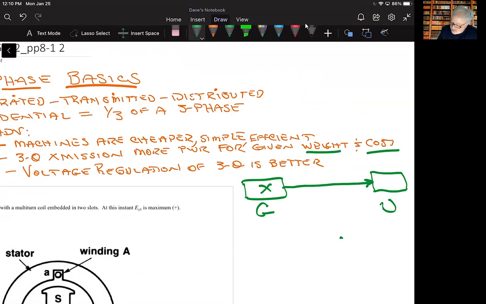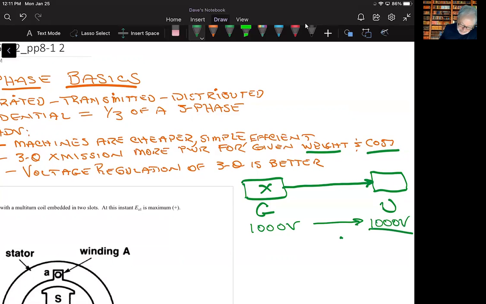And so voltage regulation is the idea that, if I have, I'm just going to put a number here, 1,000 volts here, what is the voltage when I get to the point of use? And that's a big deal, to be able to maintain what we're going to call good voltage regulation, so that when it gets to the point of use, it's as close to 1,000 volts as possible.